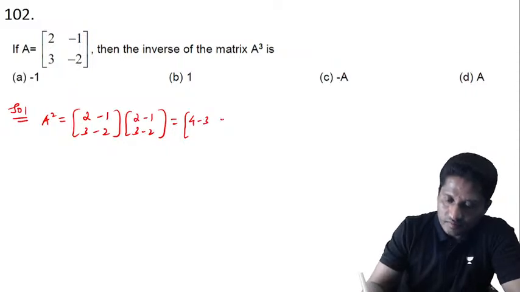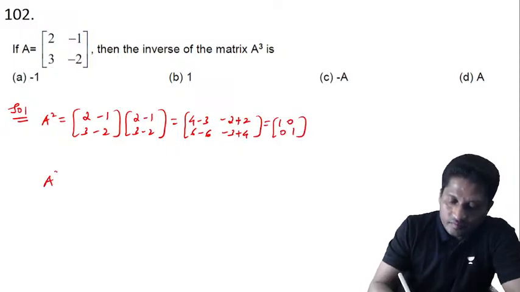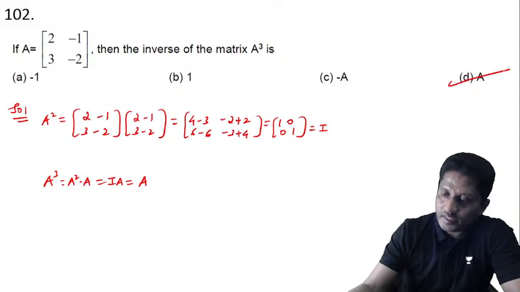First row, second column, you get minus 2 plus 2. Second row, first column, you get 6 minus 6. Second row, last column, you get minus 3 plus 4, which is equal to the identity 1001. Now, A cube is equal to A square into A. A square is the same as I, so I into A is equal to A only. Answer is option D.